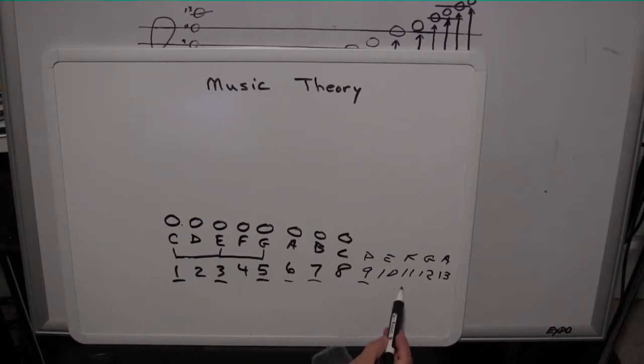If you wanted to make an 11th or a 13th, you added those notes that are basically part of the major scale. B, C, D, E, F, G, A. That's how far we've gone, to get a 13th chord.